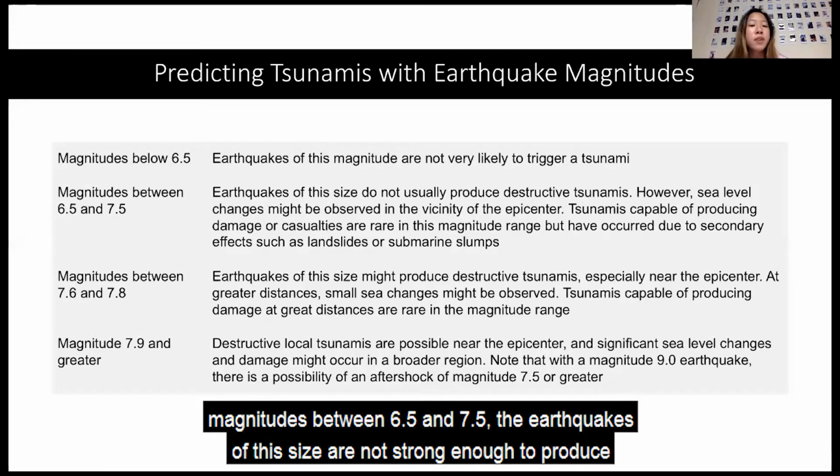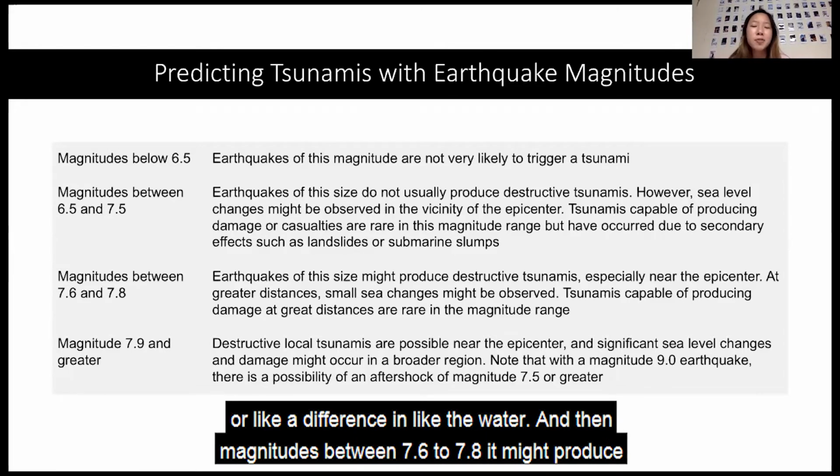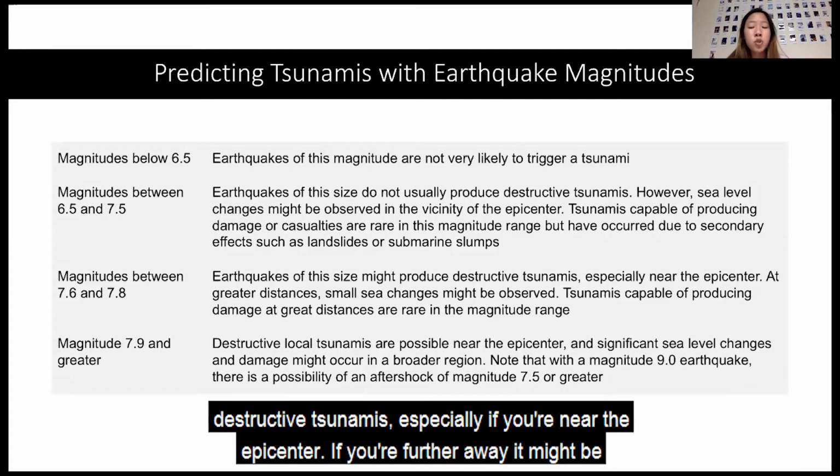Magnitudes between 6.5 and 7.5, the earthquakes of this size are not strong enough to produce really, really terrible tsunamis. You could tell there's like a small wave or like a difference in the water. And then magnitudes between 7.6 to 7.8, it might produce destructive tsunamis, especially if you're near the epicenter.